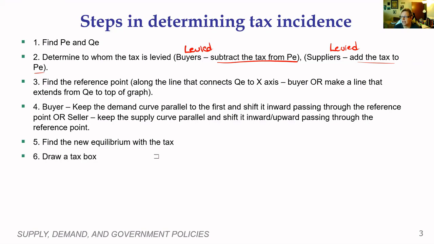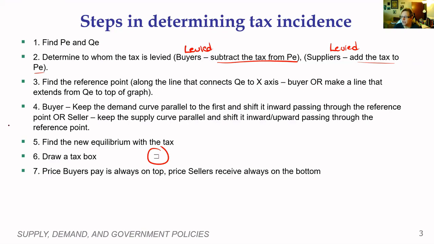We're going to draw a tax box. That's what this thing is right here, is a tax box. Again, this will make more sense in the upcoming illustration. The price that buyers pay. Okay, so this is easy to remember because buyers always come first, right? Customers always right. Okay.